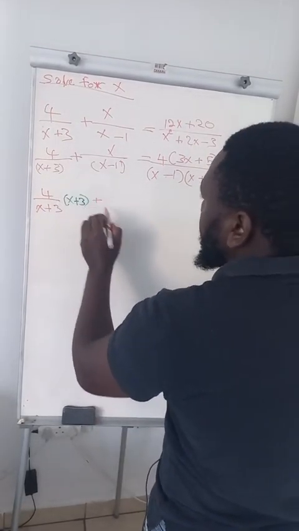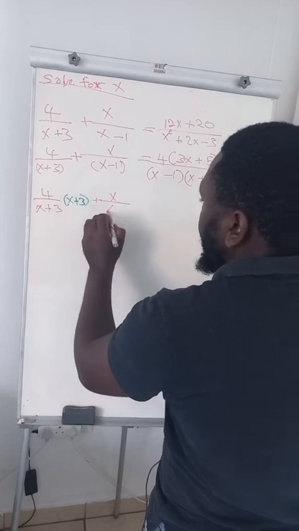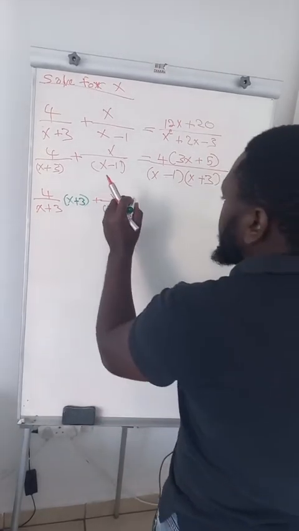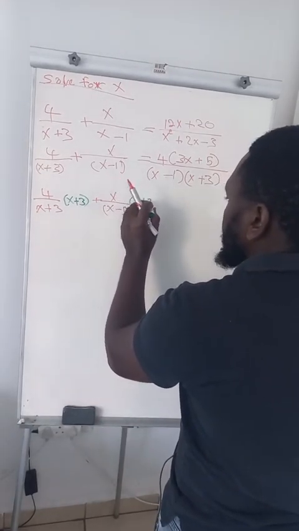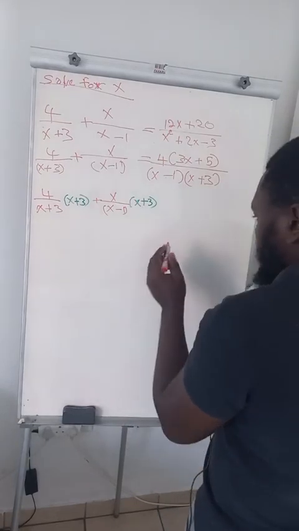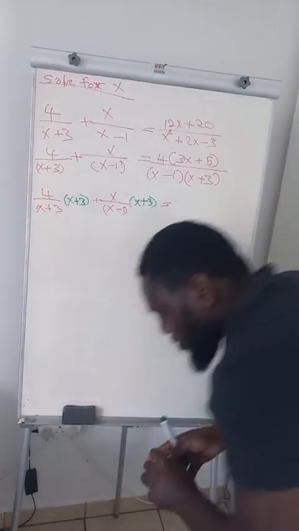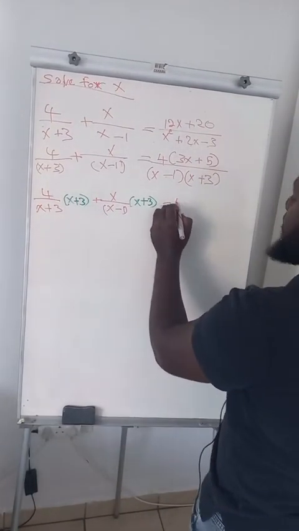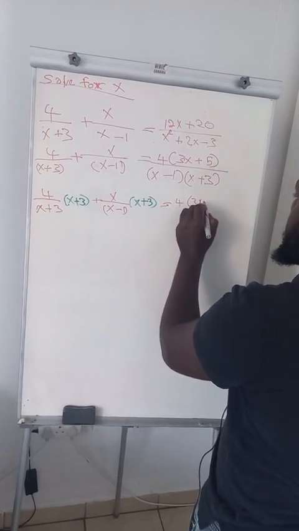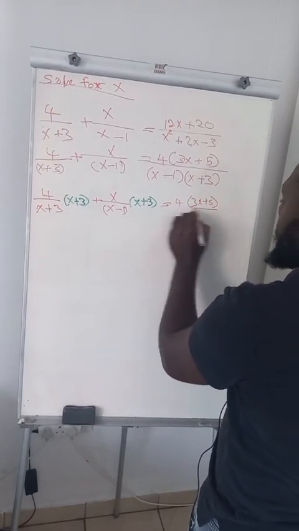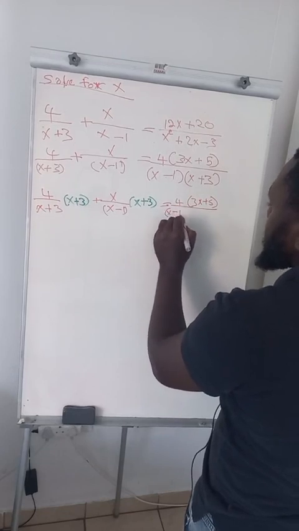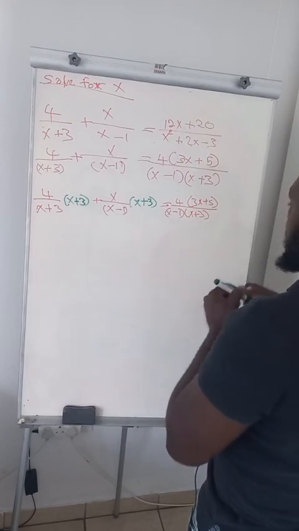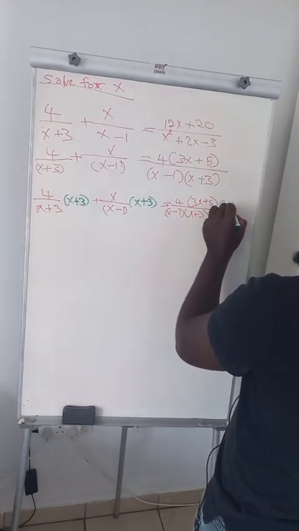It means I'll have x divided by x minus 1, and I'll also multiply it by x plus 3, and then equals 4 into 3x plus 5, all divided by x minus 1 and x plus 3. And here I'm also multiplying with x plus 3.